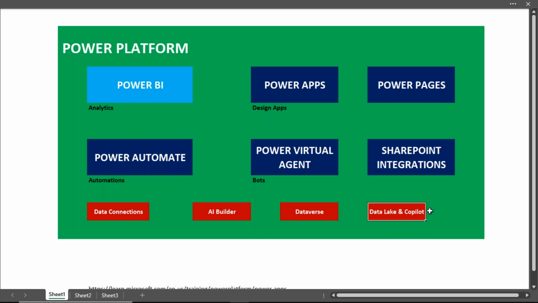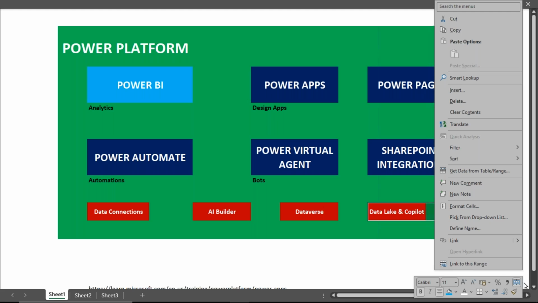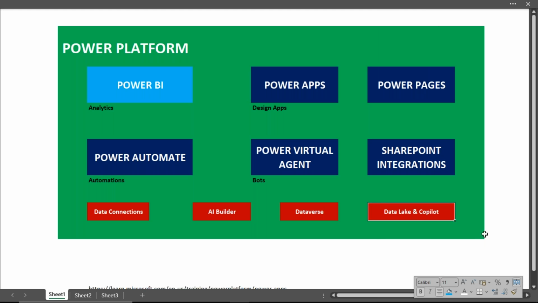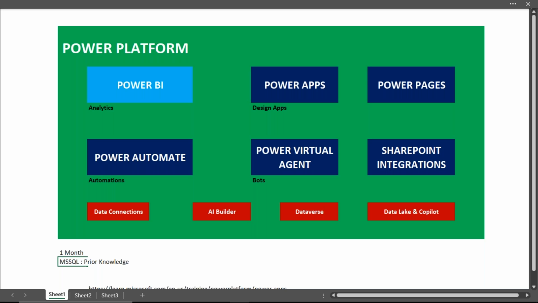Next, with this information, I'll just put it this way to make it easier for us. Now, duration. It is planned for 1 month, as I mentioned a few moments back. And MS SQL prior knowledge is optional but recommended. Now, accordingly, we have actually three options.